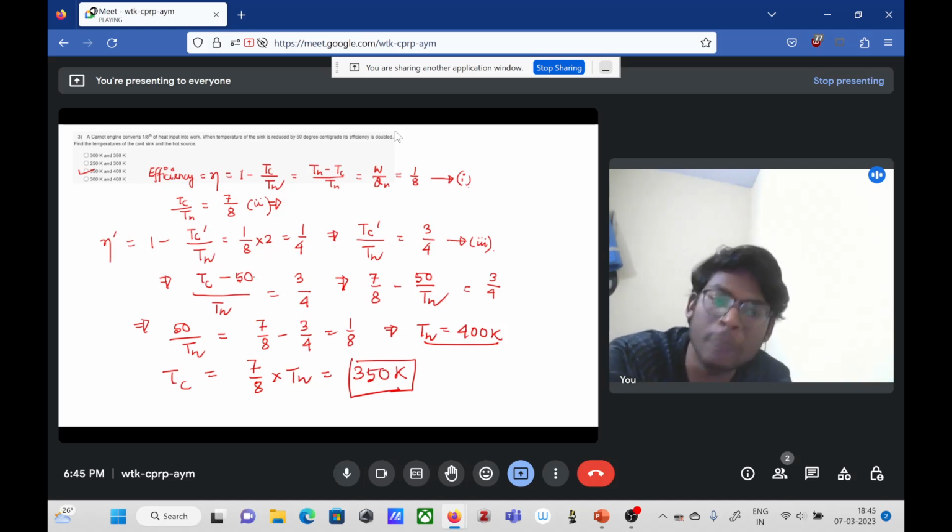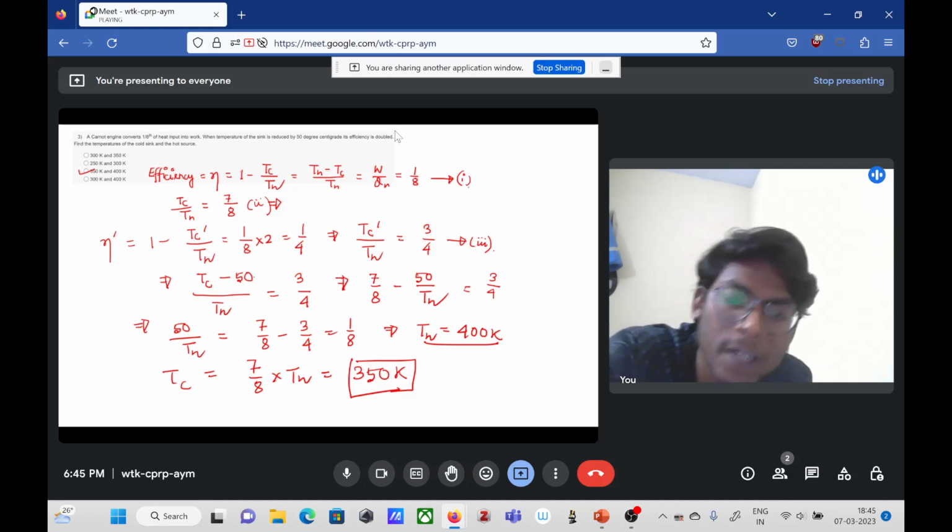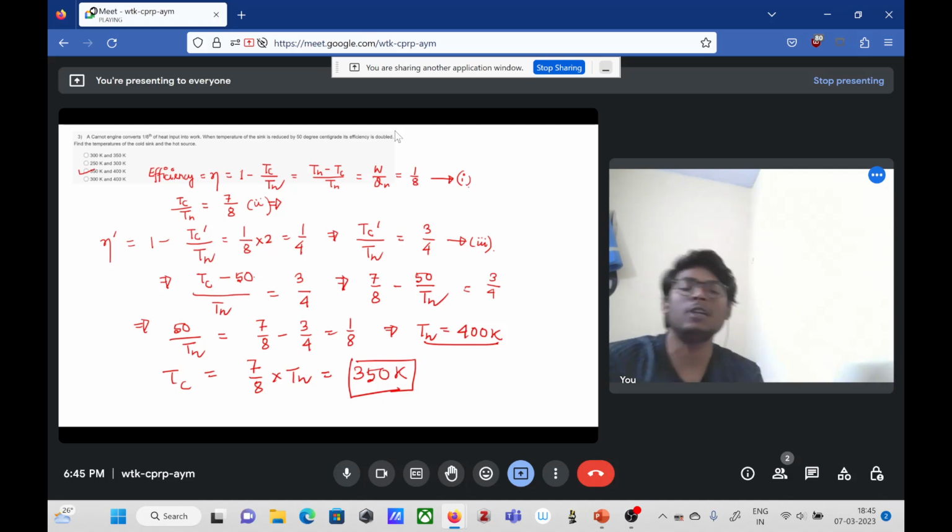After the same manipulation we got Tc prime by Th is 3 by 4, and Tc prime is Tc minus 50, and after doing that we get Th is equal to 400 Kelvin, and after that Tc is equal to 350 Kelvin.